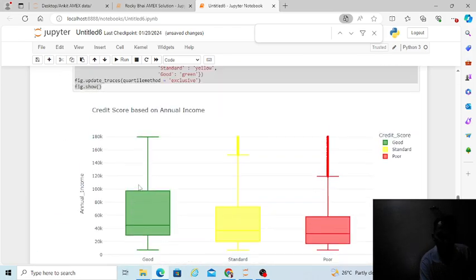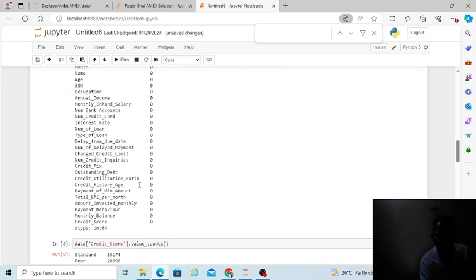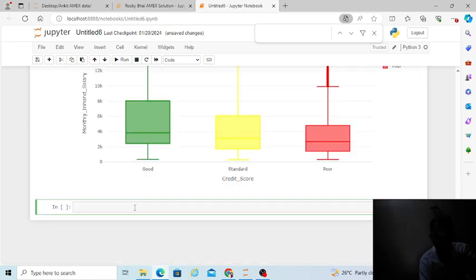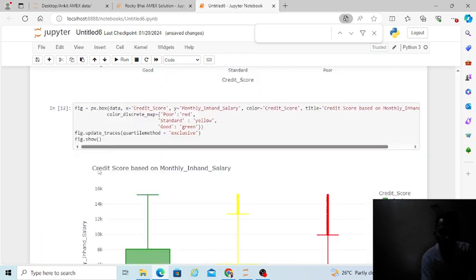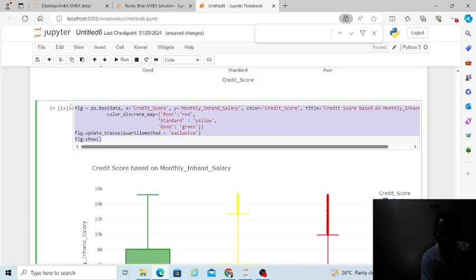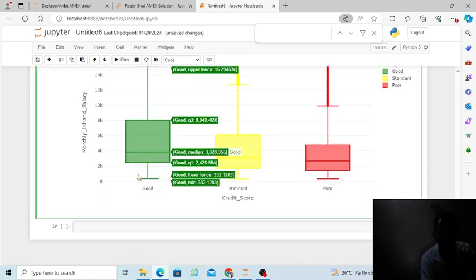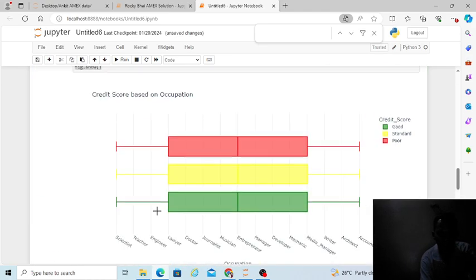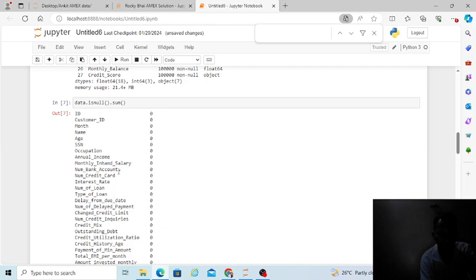Now we will compare this with number of bank accounts. So for this I will rewrite this code again, and instead of monthly in-hand salary I will include number of bank accounts.